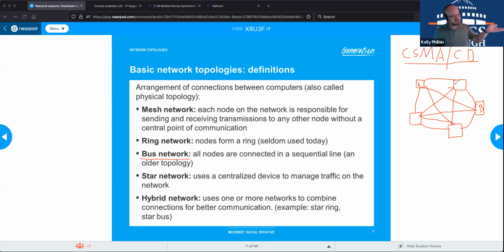Now, what could we see would be a problem with designing our networks like this? Expensive. Why? It's a lot of connections, a lot of cabling between networks. That's true.